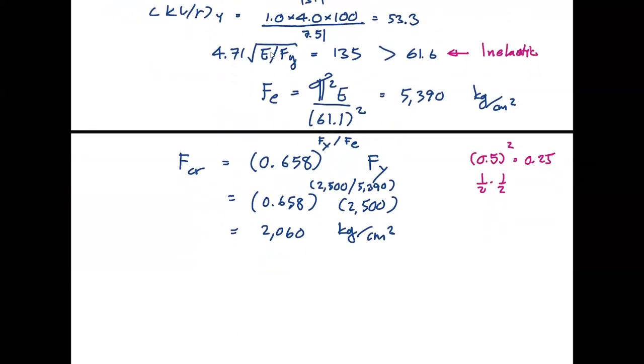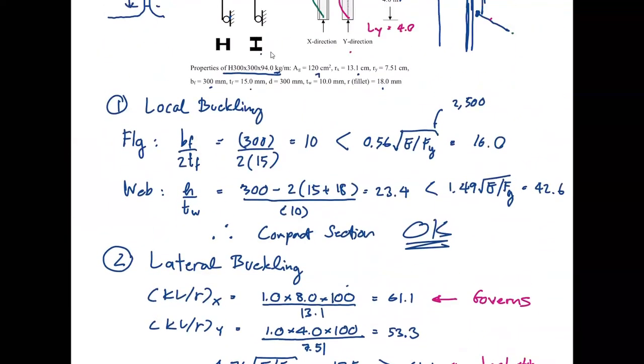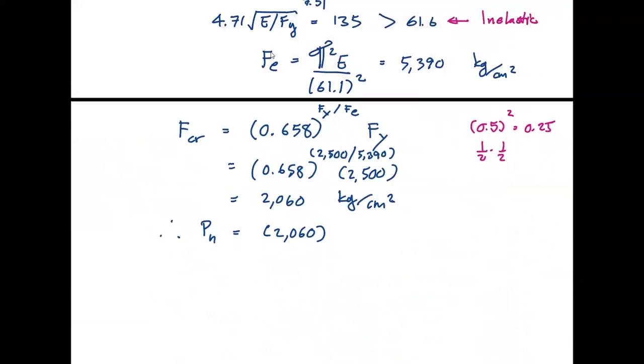So from here, I can say that my P nominal is going to be equal to this multiplied by the area, which is 120. That's large, so I better change this into tons. As I mentioned before, this is quite a huge column. So the nominal strength, the calculated strength, gives you 247 tons.